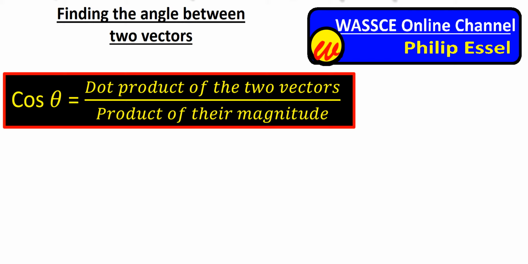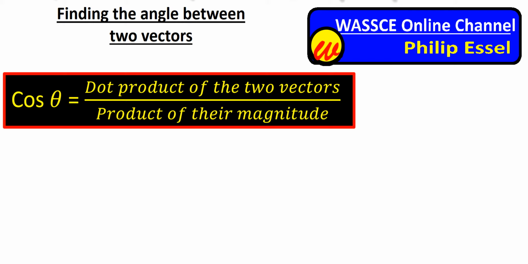We already know how to find the dot product of two vectors, so all we need to do is to find that. When we are done, we put it into this formula. Then we find the magnitude of the individual vectors, multiply them together, and put them into the formula. It's as simple as that.